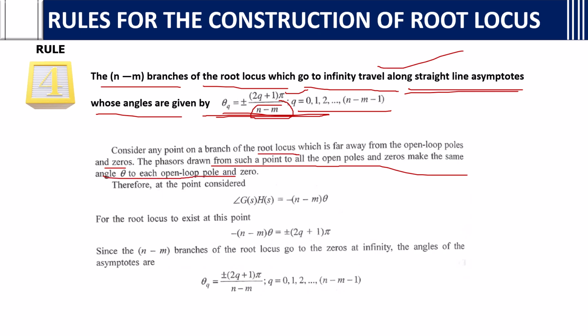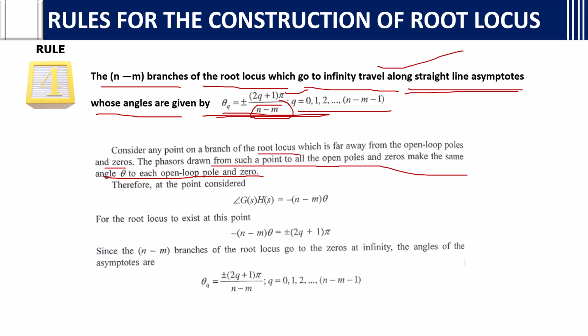So if a phasor is drawn from such a point where it is very far, then all the open loop poles and zeros make what? The same angle theta. It will make the same angle theta to each open loop pole and zero.